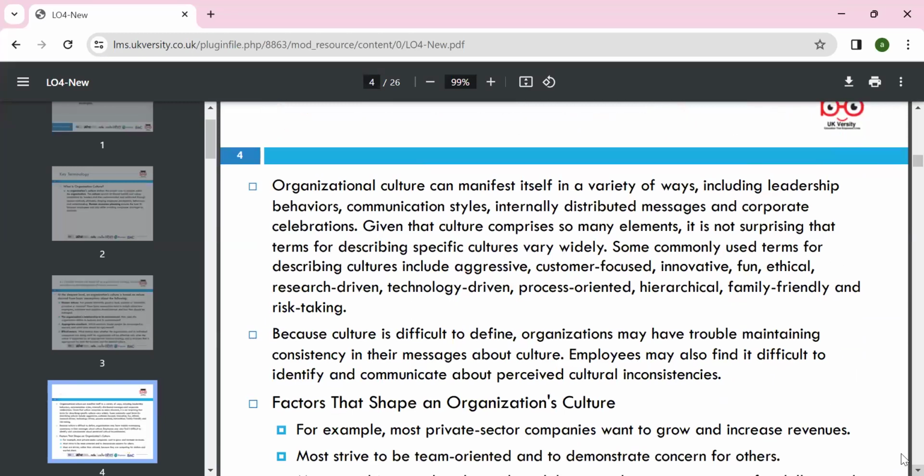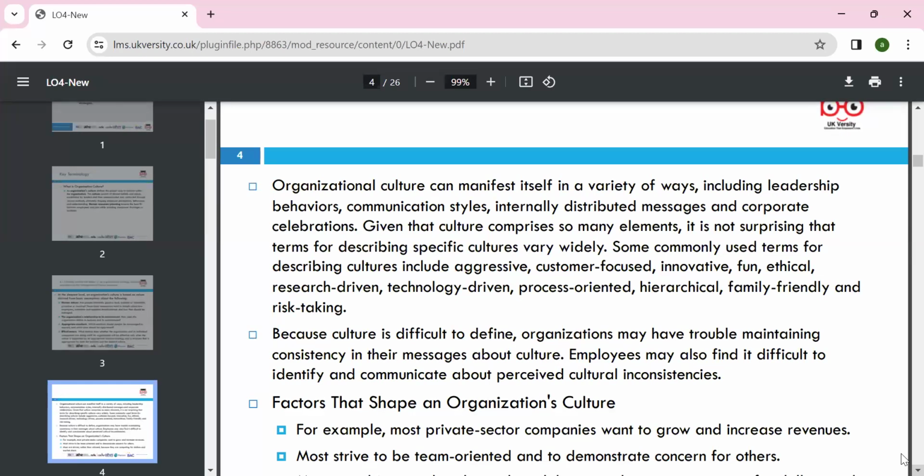Okay. Organization culture can manifest itself in a variety of ways, including leadership behaviors, communication style, internally distributed messages, where we need to make sure the message is clear and concise, and corporate celebrations. Given that culture consists of these elements, it's not surprising what terms are used to describe it.